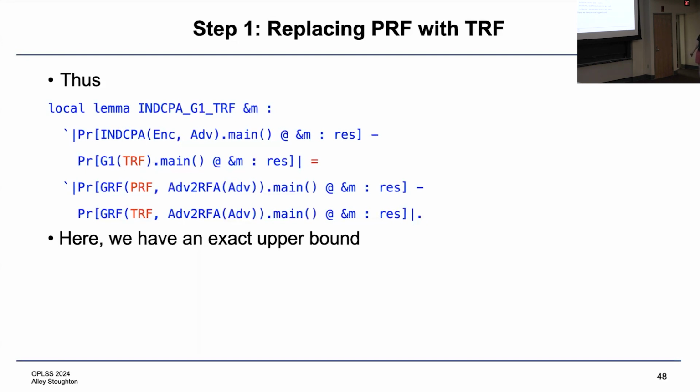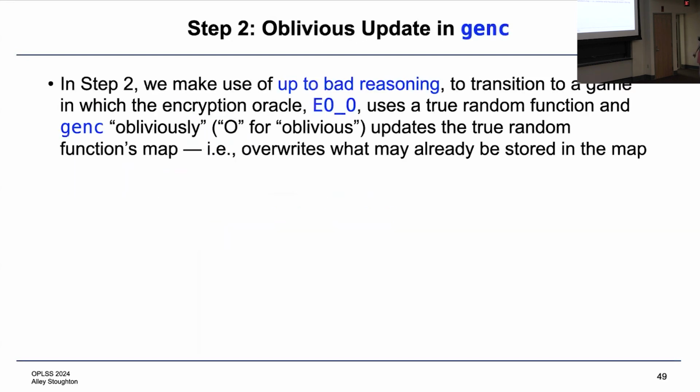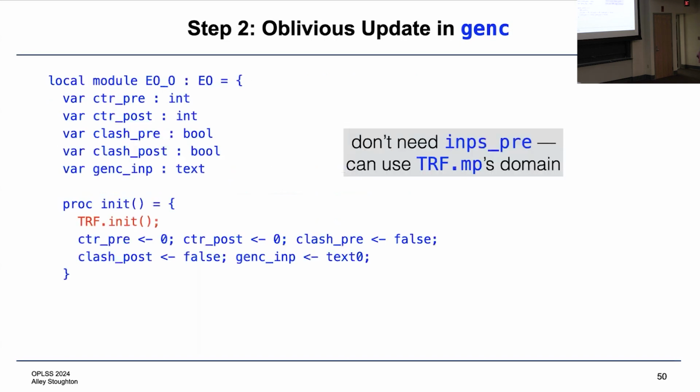Right. So now we go on to step 2. And in step 2, we're going to make use of up-to-bad reasoning to transition to a game called EOO, for oblivious. And I'll explain how this works. So now we don't need the imps pre anymore because we have the domain of the true random function.